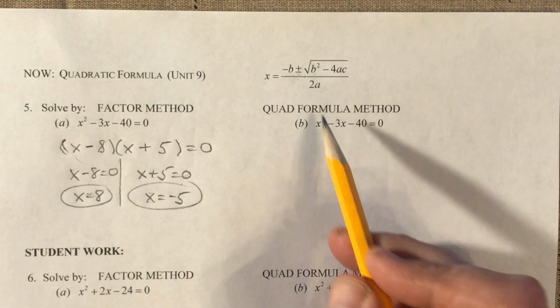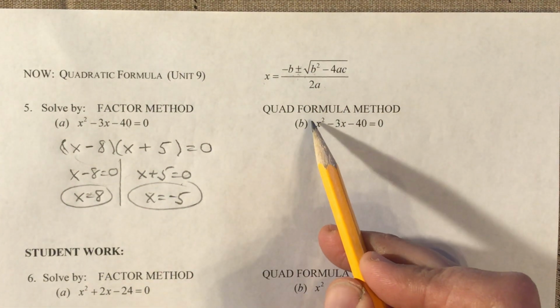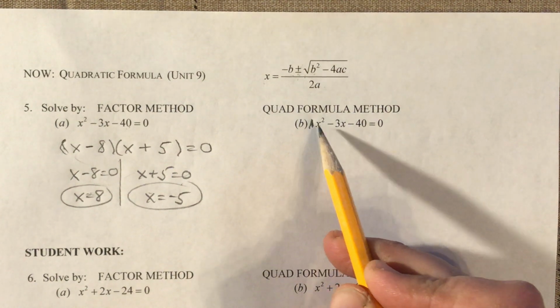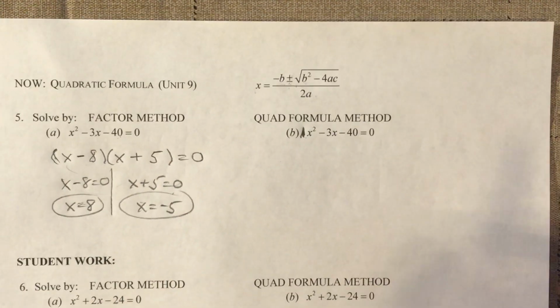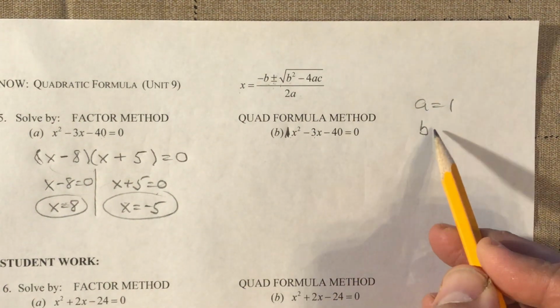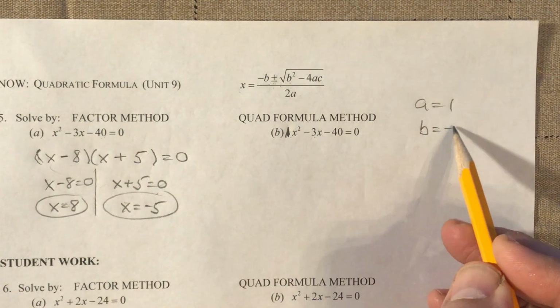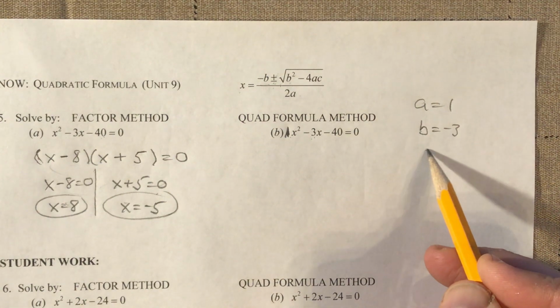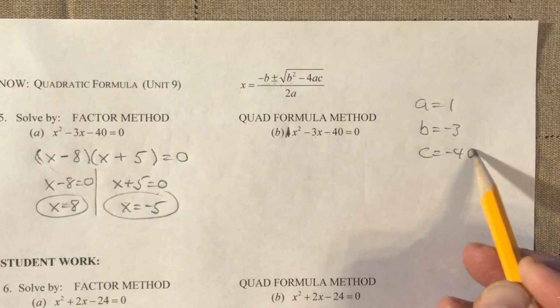All right. What is a, b, and c? Well, you might remember this. The number in front of x squared, which is a 1 right now, that's a. A is 1. B is, be careful, negative 3. And what is C? C is negative 40.